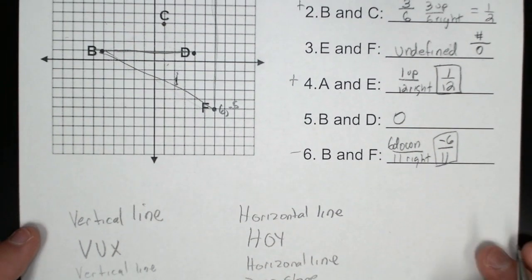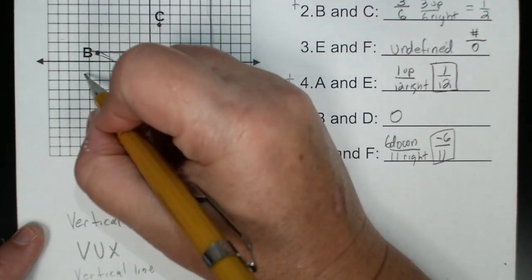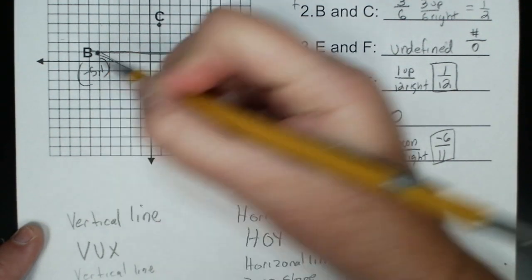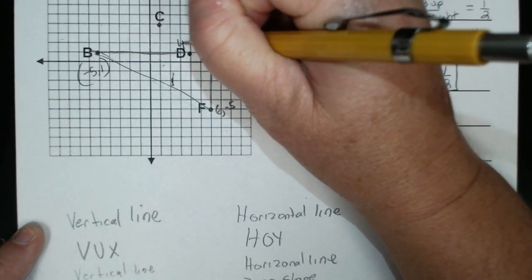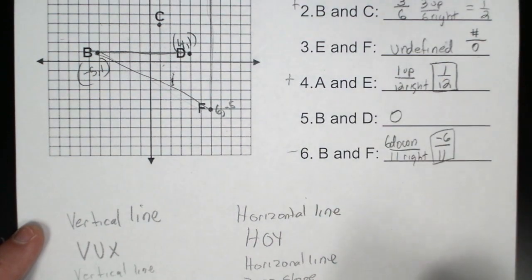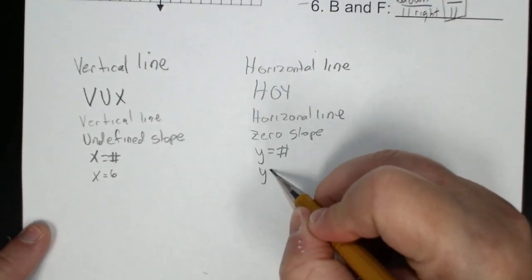And going back to this horizontal line, this point is -5, 1, and this point is 4, 1. So my equation is Y equals 1.